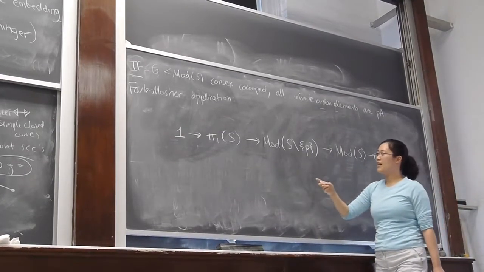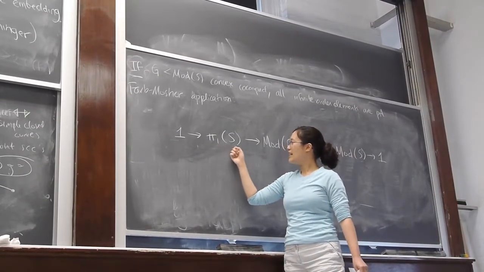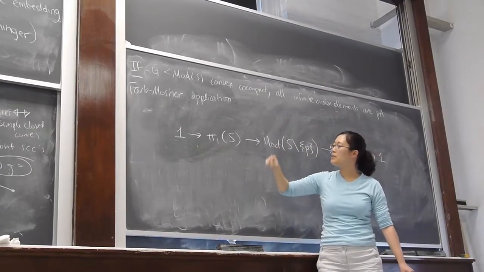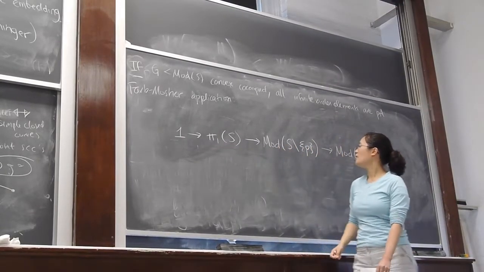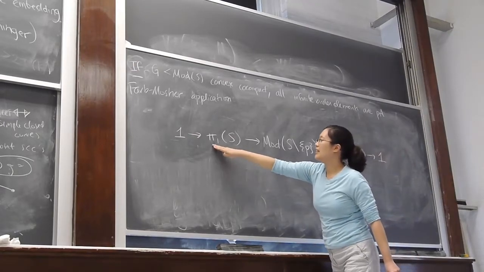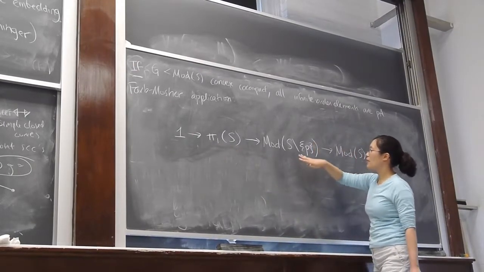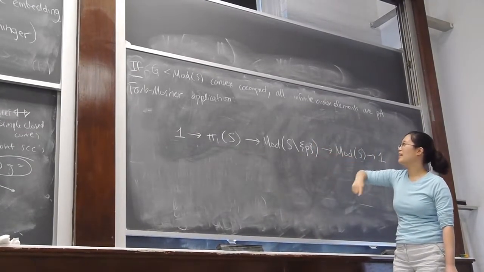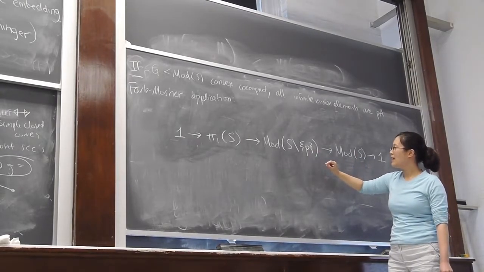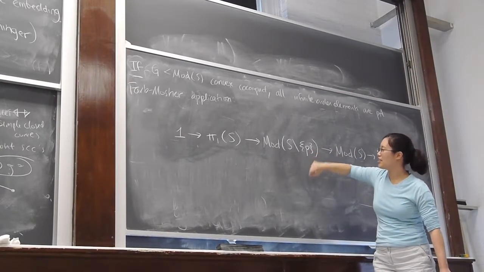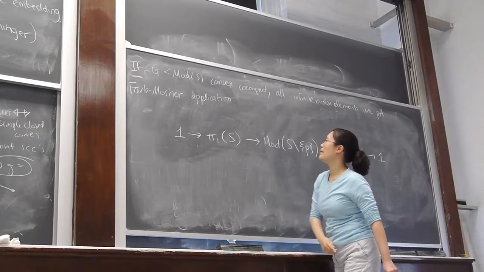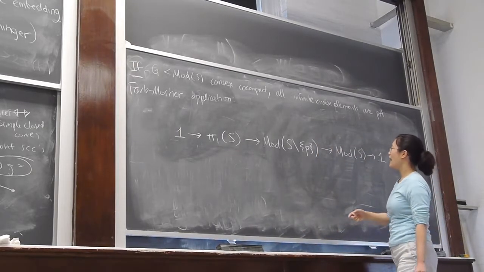The only difference is the loops, the essential loops in the surface. And this kernel here is a subgroup of this group called the point pushing subgroup. These are mapping classes that take this point and drag it around the surface along with the fundamental group. Anyway, I just wanted to give an idea of where that came from.